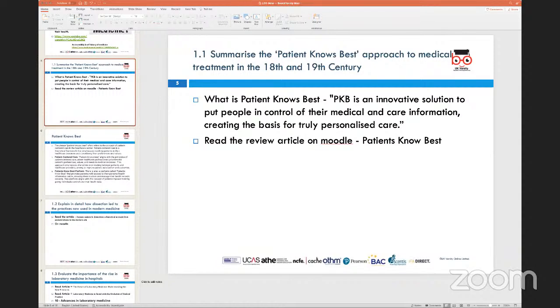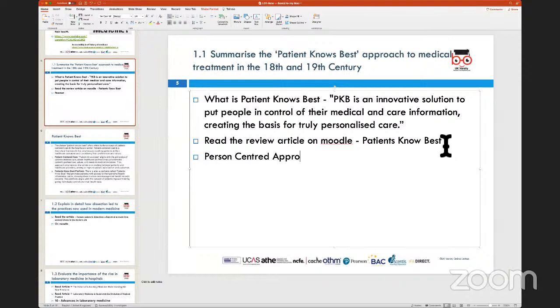So when we talk about the person-centered approach in general, as I mentioned, it involves the patient in the decision-making process as far as their care is concerned.